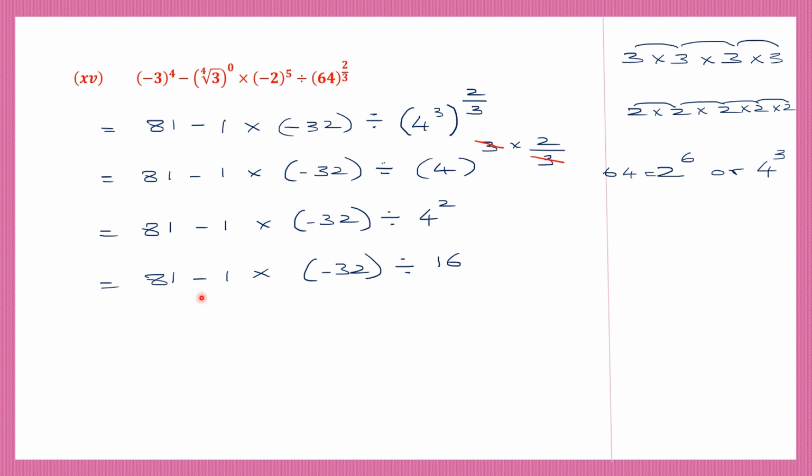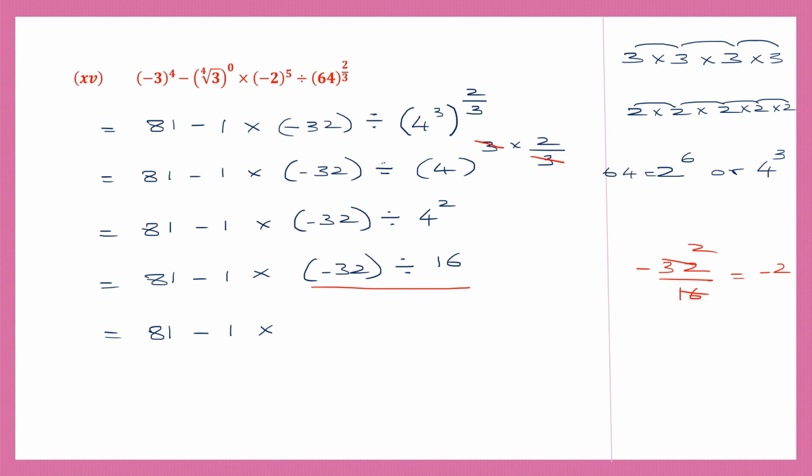We have subtraction, multiplication and division, and according to BODMAS we have to do division first. So let's do that. Minus 32 divided by 16. 16 twos are 32. So this becomes minus 2.